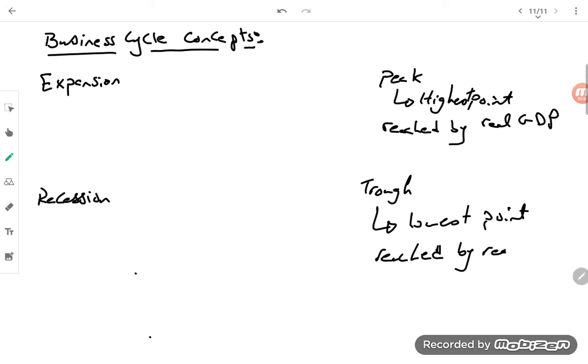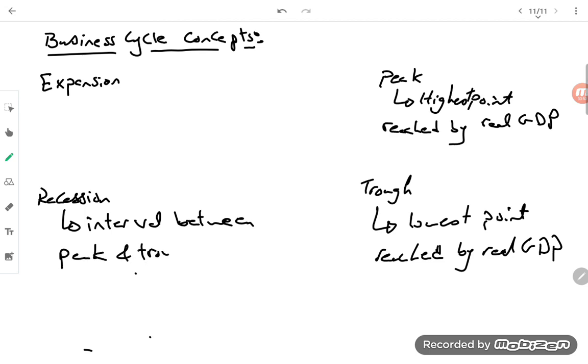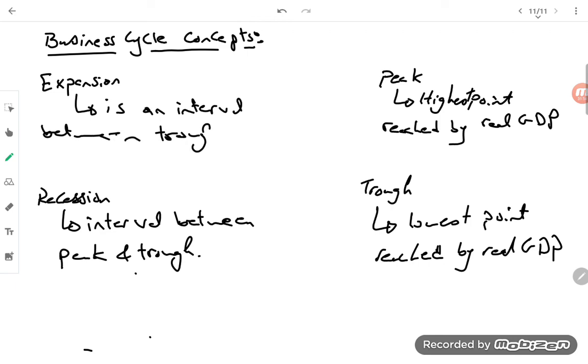Recession is an interval between peak and trough. And expansion is an interval between trough and peak.